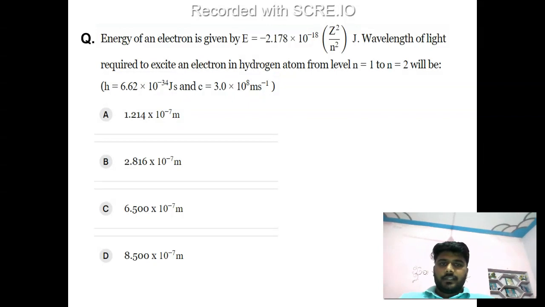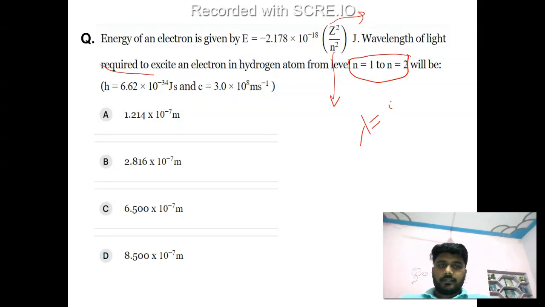Z is the atomic number, n is the principal quantum number, right? So the wavelength of light required to excite an electron in hydrogen from level 1 to level 2 will be, okay. What you have to determine is the delta E value. Just try to solve.